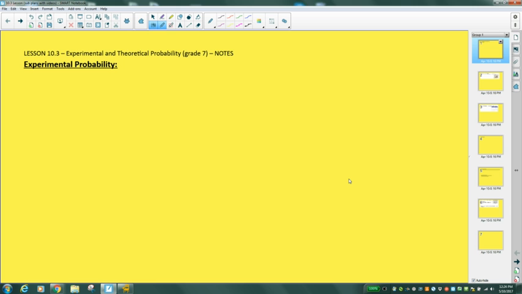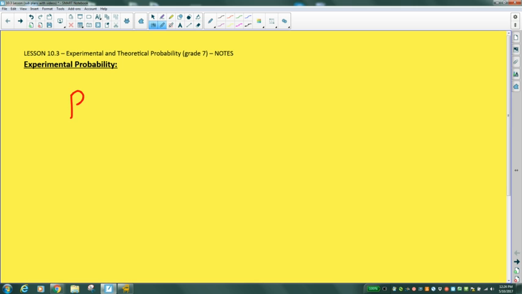We use kind of a ratio, if you will, to evaluate what the experimental probability is. And that simply is going to be the probability, and then I'm going to put the event in parentheses after it so that I know what I'm finding the experimental probability of.